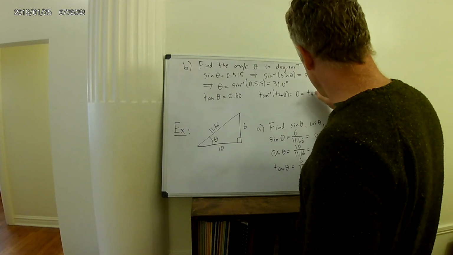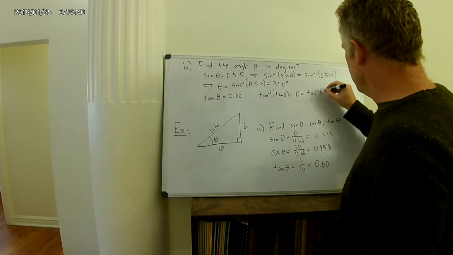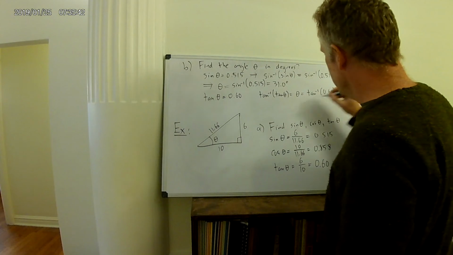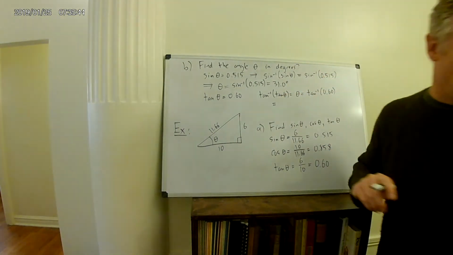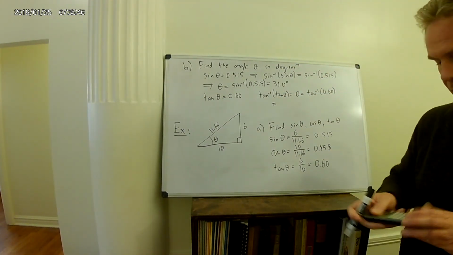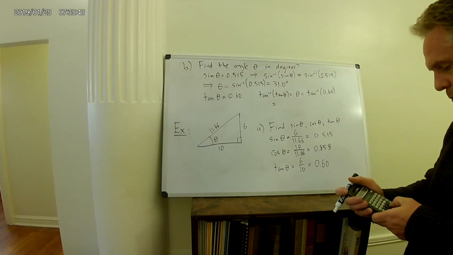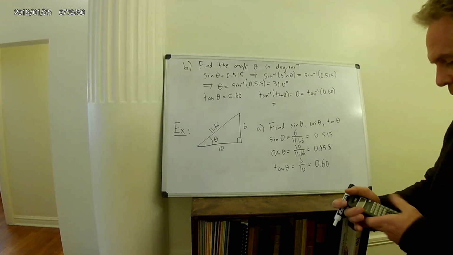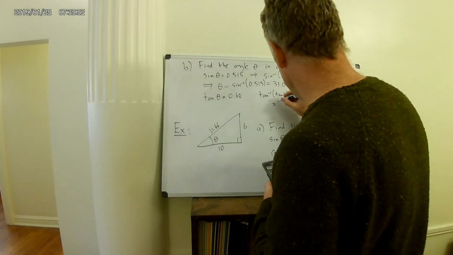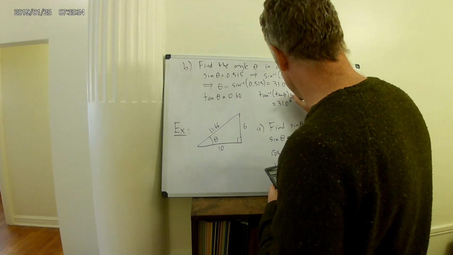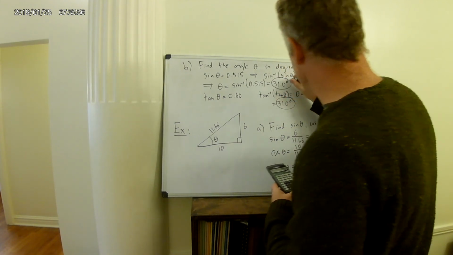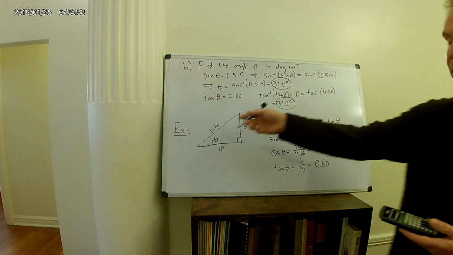On the other side, I get inverse tangent of 0.60. If I plug this into my calculator, inverse tangent of 0.6, I get 31.0 degrees. Which is the same thing, and that makes sense because this is the same angle.